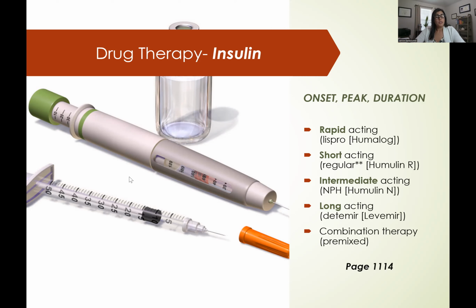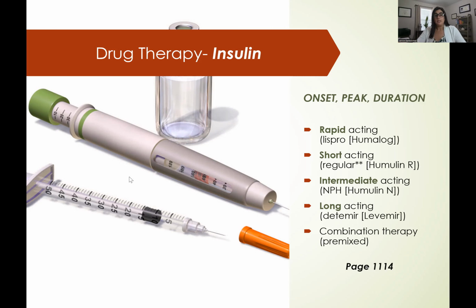The first thing I want you to write down is that there are 4 types of insulin. Well, not types, but in a way, classification. We're going to call them types of insulin classification: rapid acting, short acting, intermediate acting, and long acting.